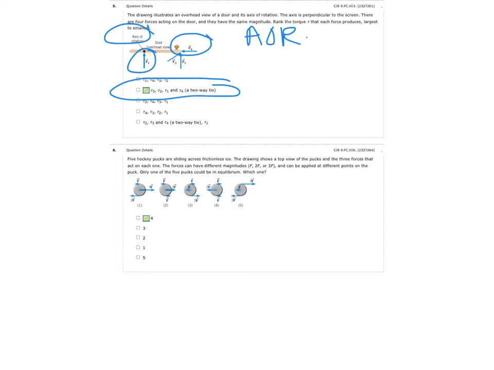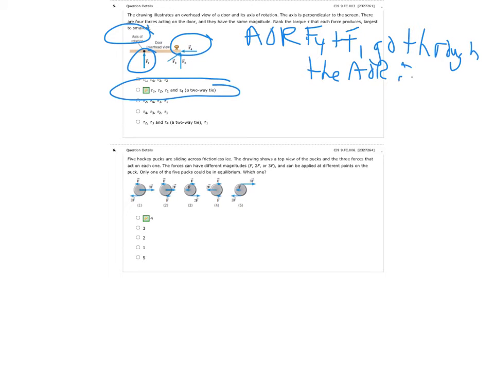So F4 and F1 go through the axis of rotation, therefore their lever arm is equal to 0 and their torque is equal to 0. So that puts them at the bottom down here.